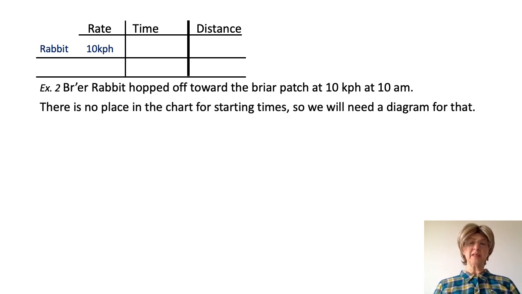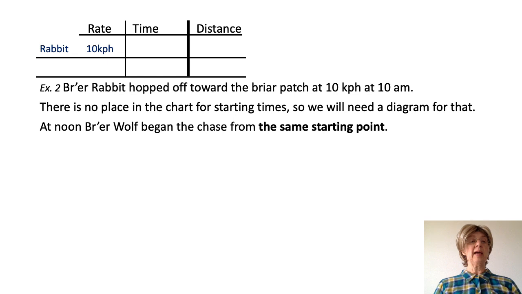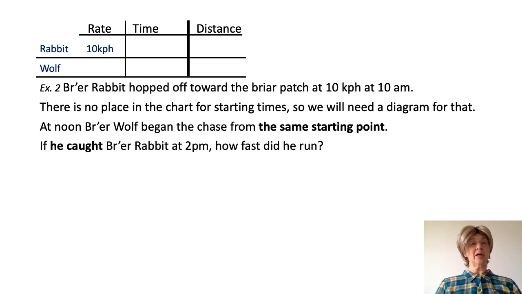But there's no place in the chart for starting times, so we're going to need a diagram for that. At noon, Brer Wolf began the chase from the same starting point. That will become important. So we've got a wolf. If he caught Brer Rabbit at 2 p.m., how fast did he run?